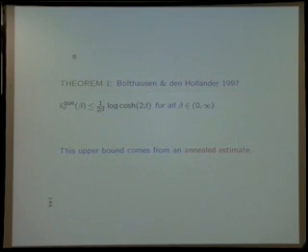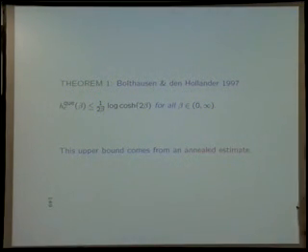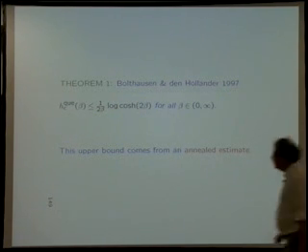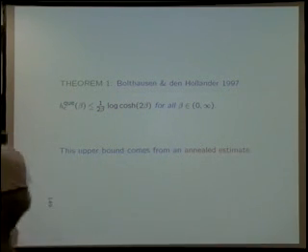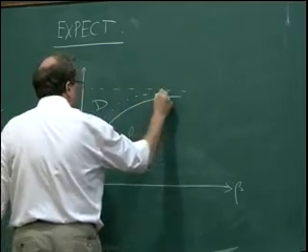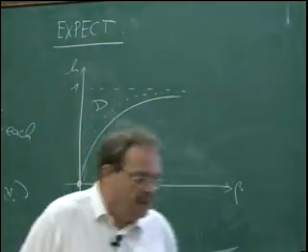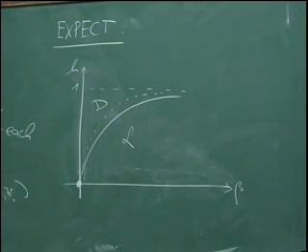So the first theorem is an upper bound. It says this critical curve is upper bounded by a very simple curve that is written down here. And this curve looks like this. This will come out from an annealed estimate.